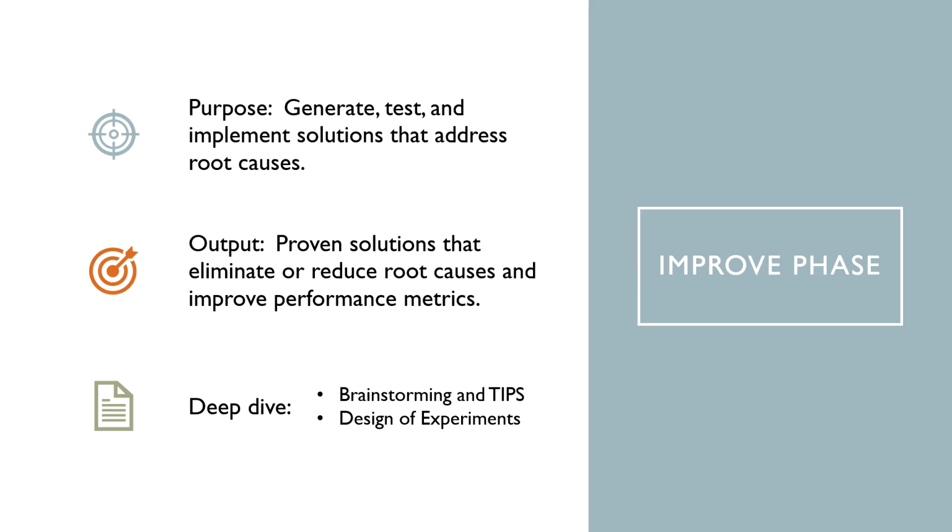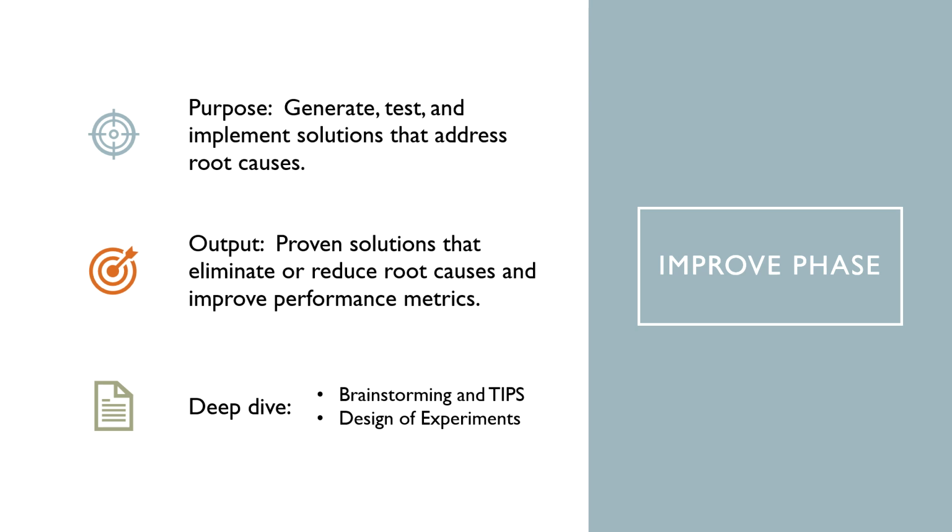From our work in the analyze phase, we have a list of variables that we know contribute the most to our outcome. Now, the purpose of the improve phase is to generate, test, and implement solutions that address root causes. Our first task is to brainstorm and prioritize ideas to test during our experiments. This includes risk and cost-benefit analyses that help us avoid creating solutions that are dangerous or too expensive.